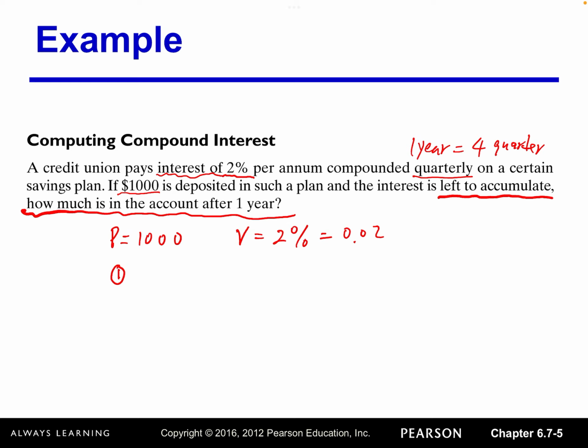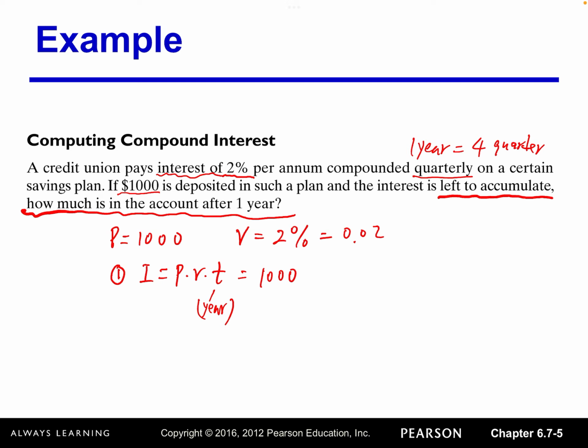So in the first quarter, how much interest did we make? We use the formula introduced in the previous slides. Interest I equals P times R times T, right? Principal times the rate times the time. But this time must be in the unit of years. Be careful. So we plug it in.